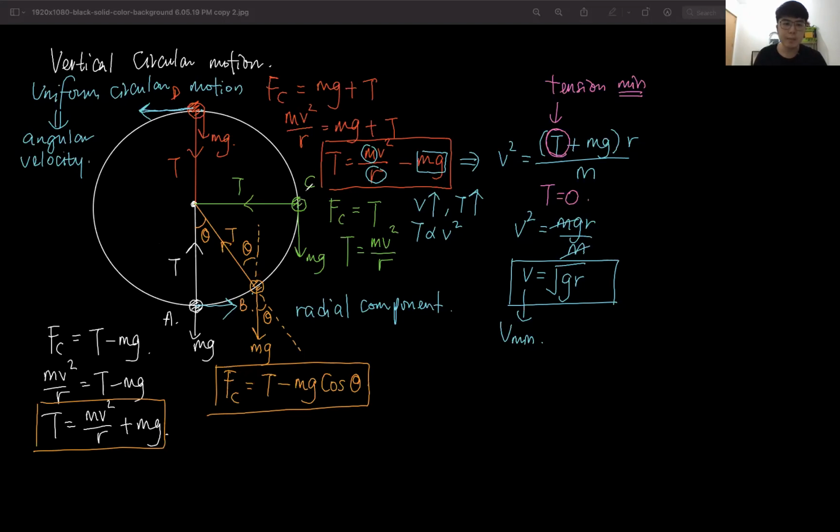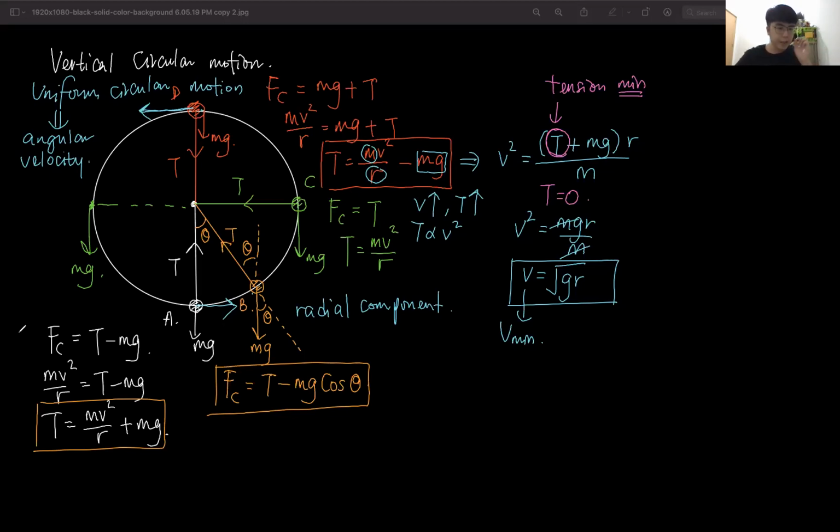At point C, mg is completely irrelevant because there's no radial component; it's all tangential. And at the opposite point, mg is also tangential. So mg and tension both contribute, and the resultant of these two forces is the centripetal force. It's not just the tension.